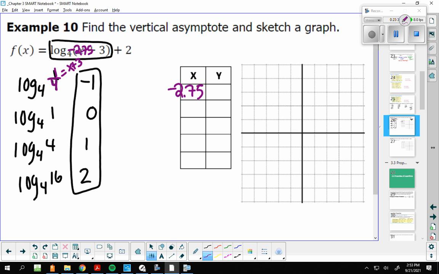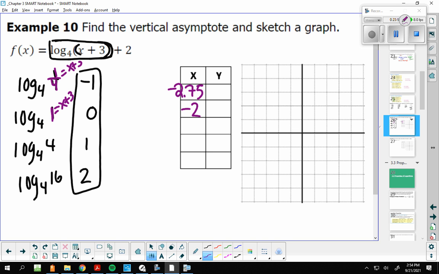Again, let's do the same thing. What value of x am I going to have to plug in to make this argument 1? Okay, so we set this equal to x plus 3. Subtract the 3. 1 minus 3 is negative 2. So if I plug in a negative 2 for x, I get an argument of 1.